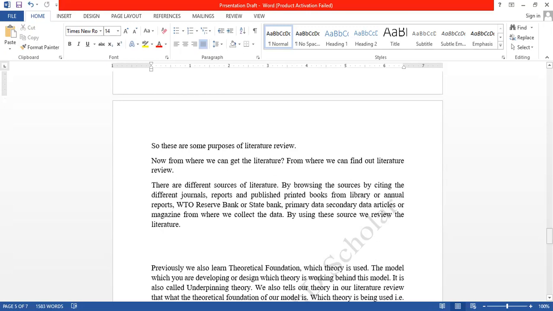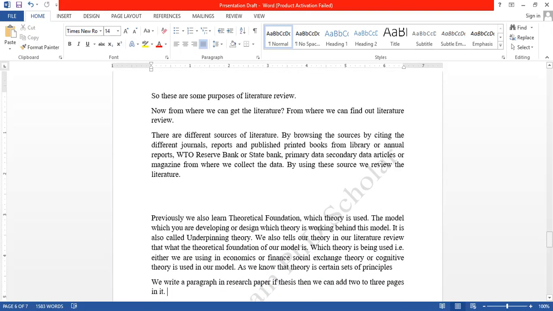There are different sources of literature: browsing the sources, citing different journals and reports, reading published and printed books from the library, annual reports, the World Trade Organization (WTO), World Development Indicators, the World Bank, IMF, State Bank, Reserve Bank, and for primary data and secondary data, articles or magazines from where we collect the data. By using these resources, we review the literature.